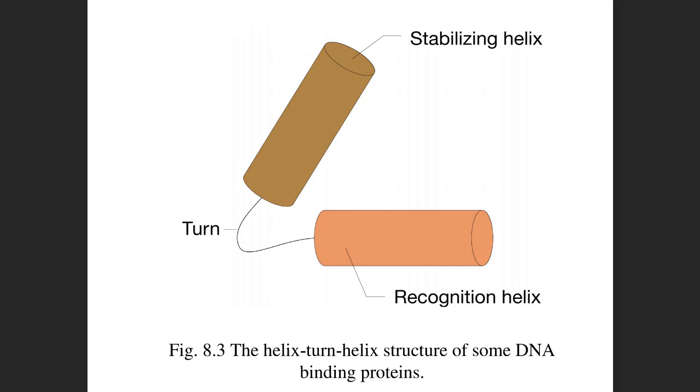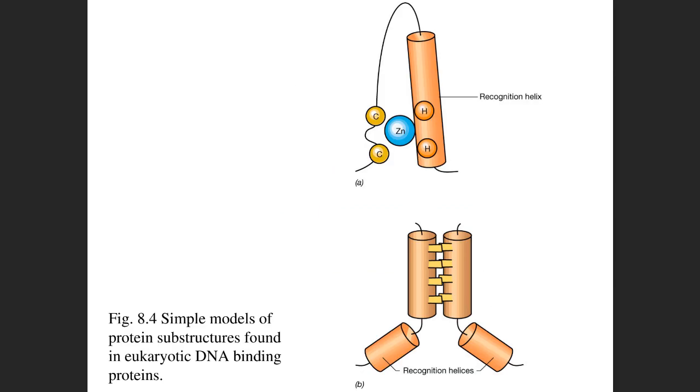This stabilization can also happen with ions. For example, you can have a zinc ion stabilize a recognition helix, which then fits into the DNA.